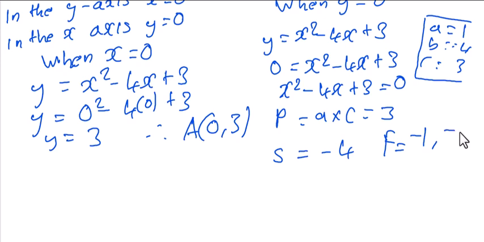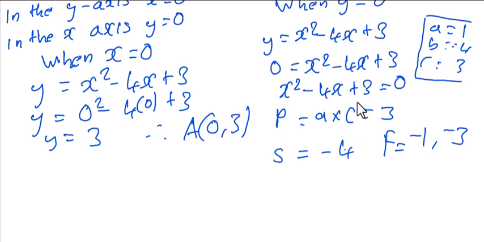When we multiply -1 by -3, we get 3. And when we add -1 plus -3, we get -4. So this satisfies.